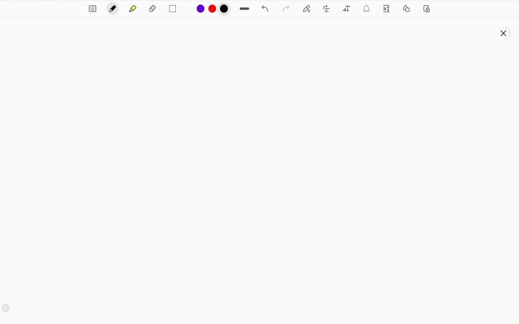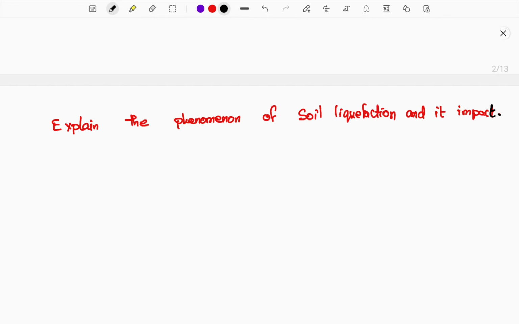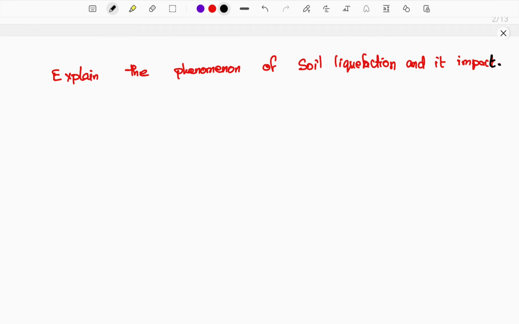But now let me show you, if you are preparing for UPSC, what you hear next is important. If a question is asked regarding this, how do you write, what will be the definition? Now I had said everything in an oral, idea oriented, concept oriented, knowledge oriented way, but now you need to know a detailed study, which means explain the phenomenon of soil liquefaction and its impact.